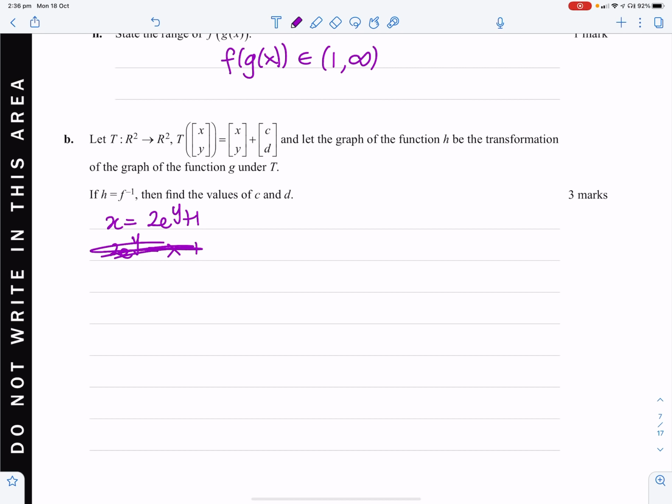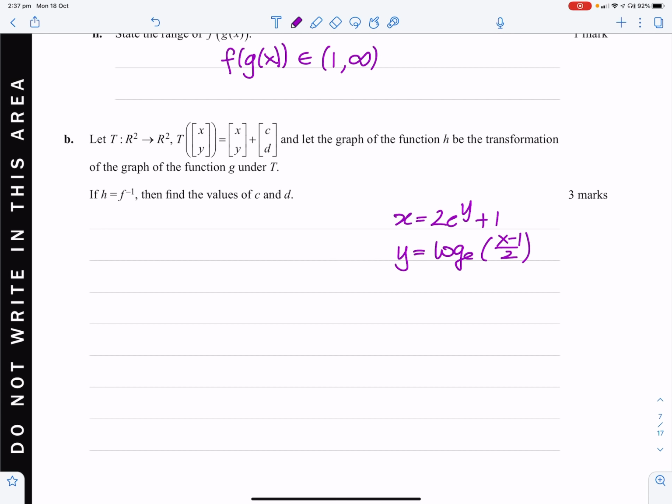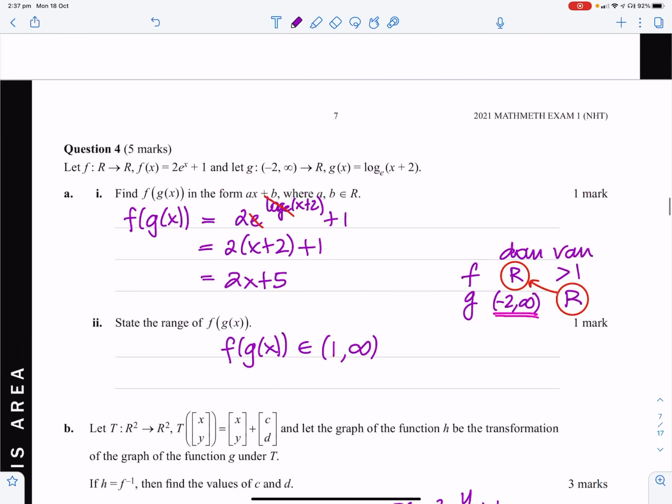Actually, let's do this over here. So what did we say? X is equal to 2e to the y plus 1. So we're going to get y is equal to log e of x minus 1 over 2. Let the graph of h be the transformation of the graph of g under t.